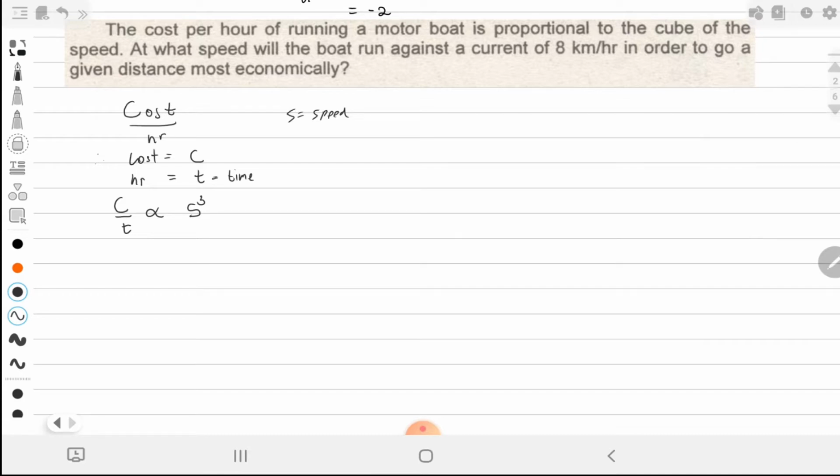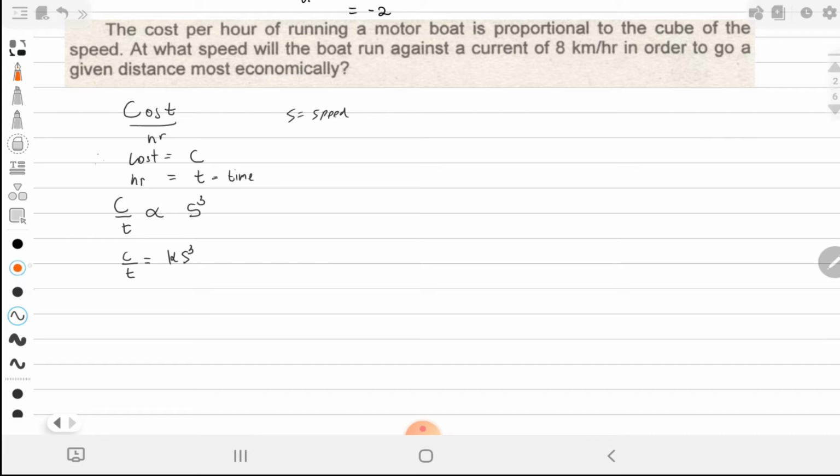So at what speed will the boat run against a current of 8 km per hour in order to go a given distance most economically? So from here, in order to get an equal sign, we need a proportionality constant, which gives K S cube. So analyze the problem.